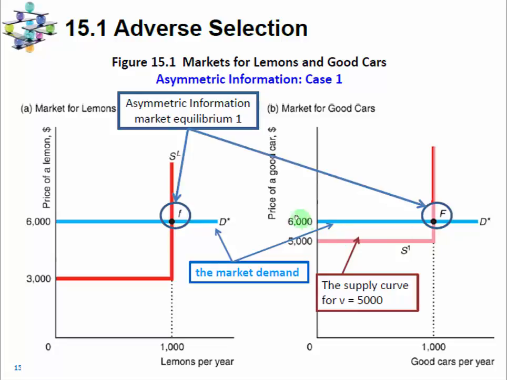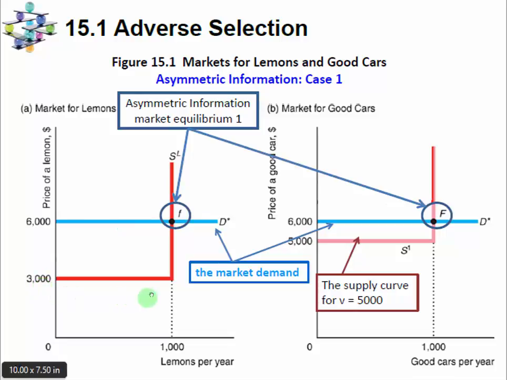But because the buyers do not know these sellers, they do not know what kind of quality for the used car they are selling. Because the buyers no longer know the quality of the used cars, they still have an expected willingness to pay of $6,000.